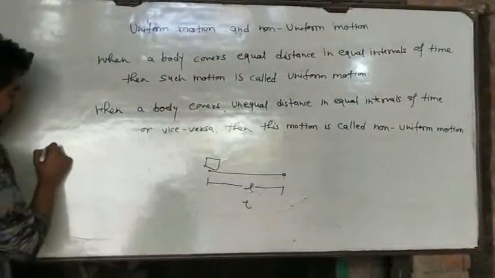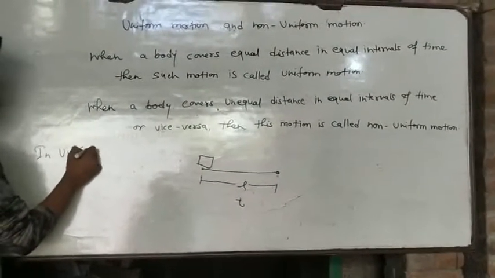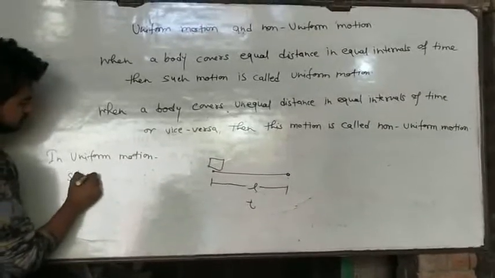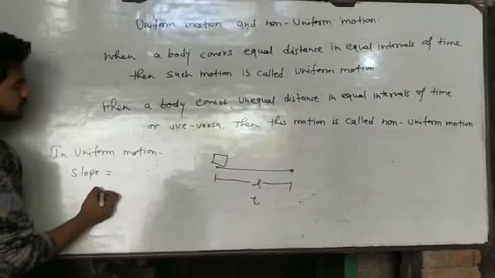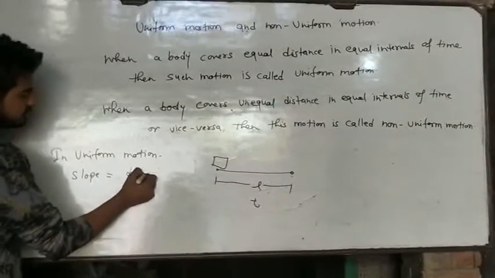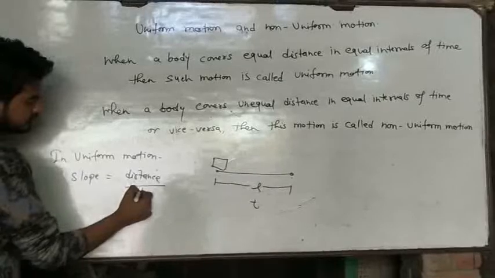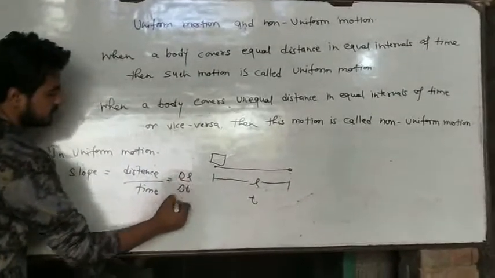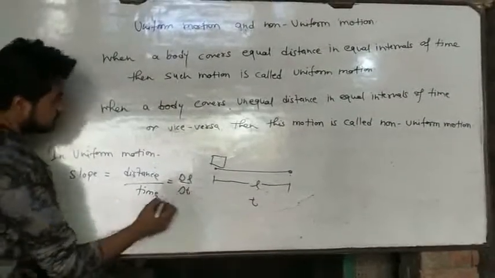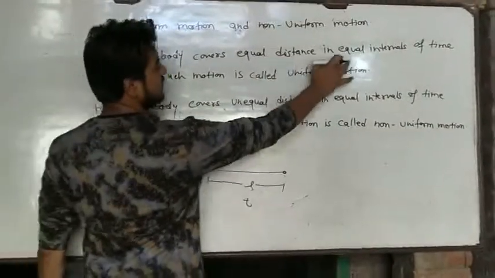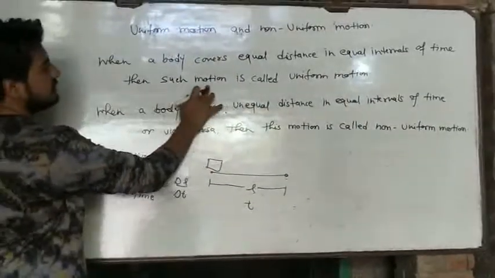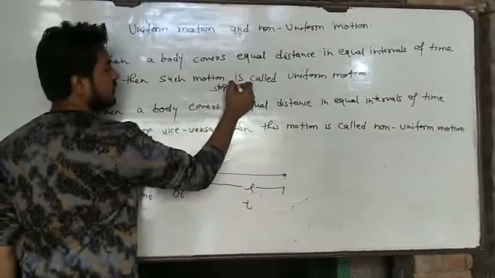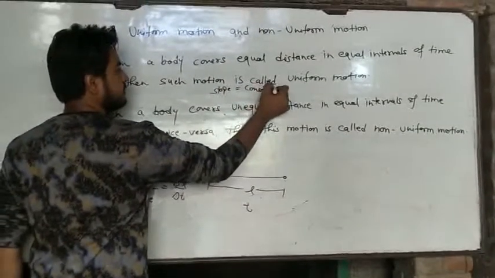So in uniform motion, the slope is equal to distance upon time. This can be described as delta L upon delta T, which is constant. Equal distance in equal intervals of time, then such motion is called uniform motion. So slope is equal to constant.